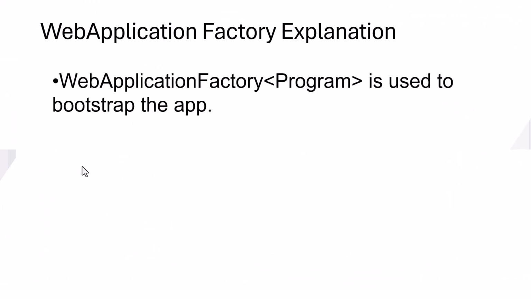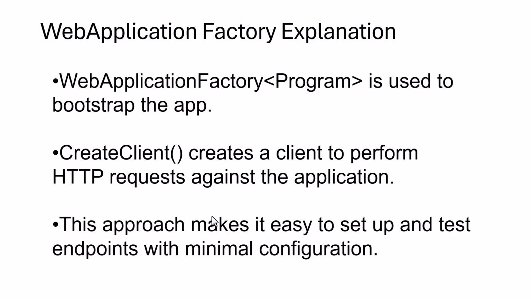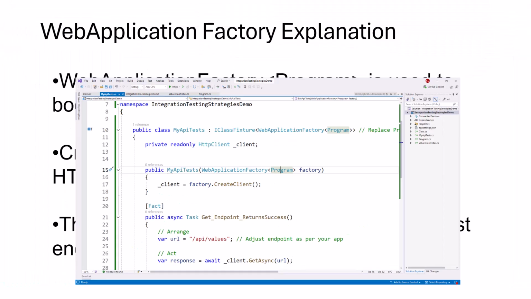Now let's see how to explain WebApplicationFactory. WebApplicationFactory of Program is used to bootstrap the app, and CreateClient creates a client to perform HTTP requests against the application. This approach makes it easy to set up and test endpoints with minimal configuration. We have already seen all of these things.